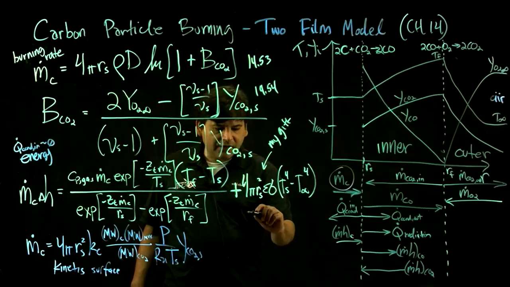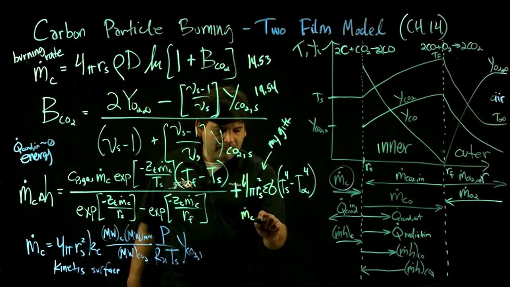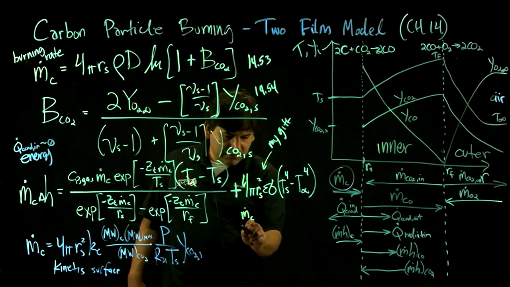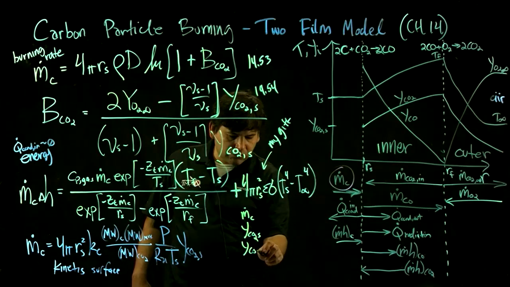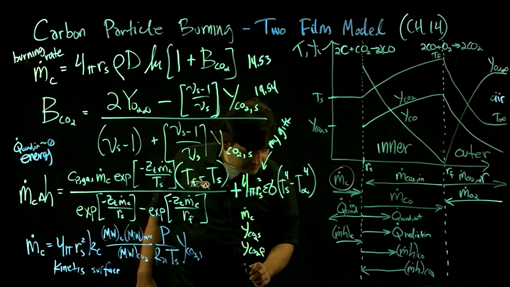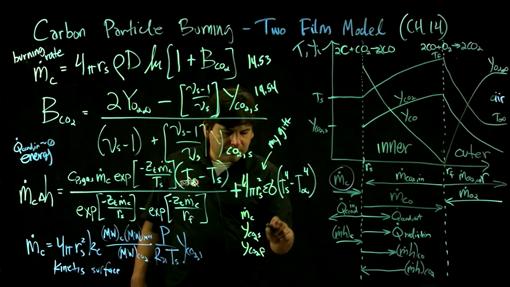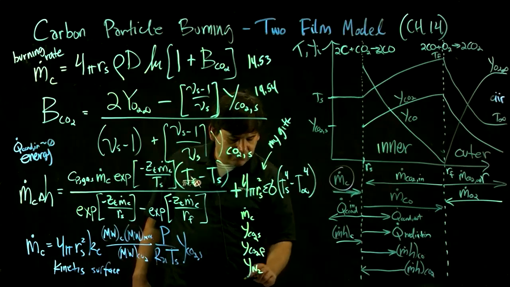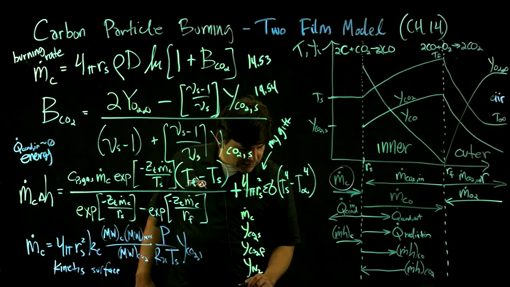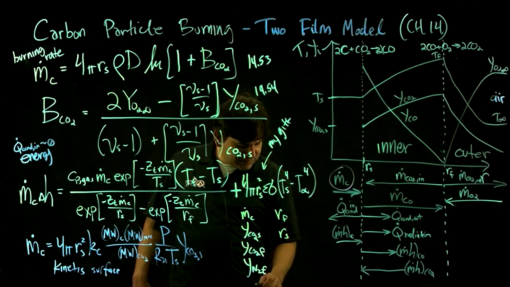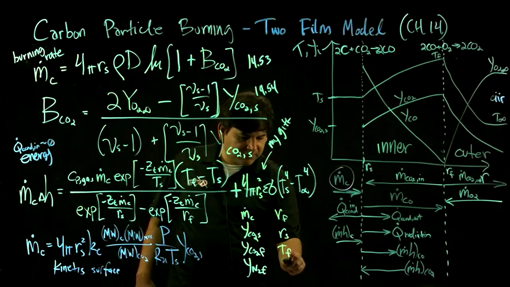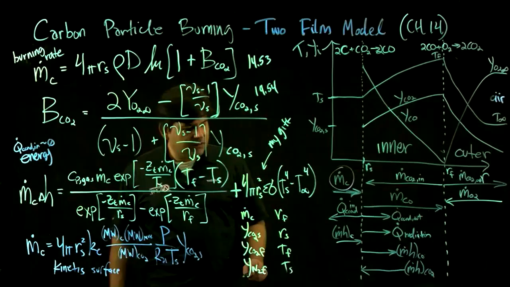So what you're trying to find is the burning rate, the mass fraction of CO2 at the surface, the mass fraction of CO2 at the flame, the mass fraction of N2 at the flame, the position of the flame, the position of the surface, and the temperature of the flame, the temperature of the surface.